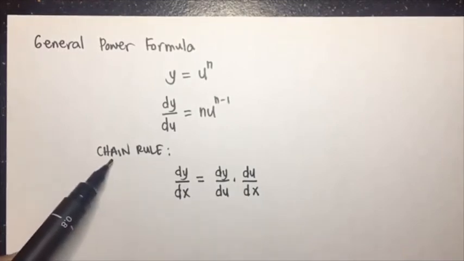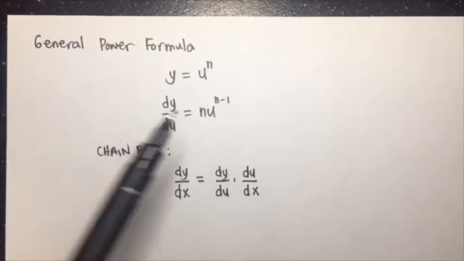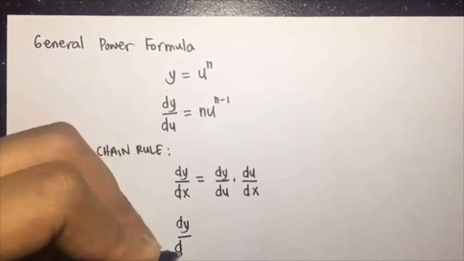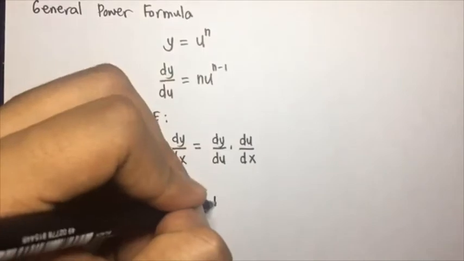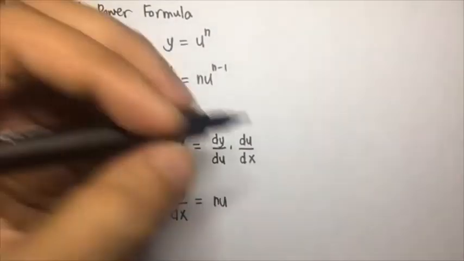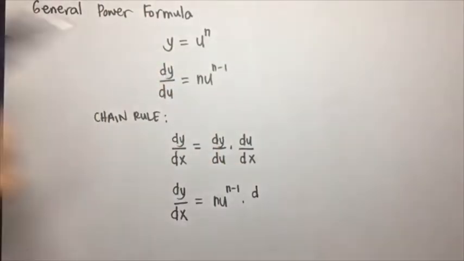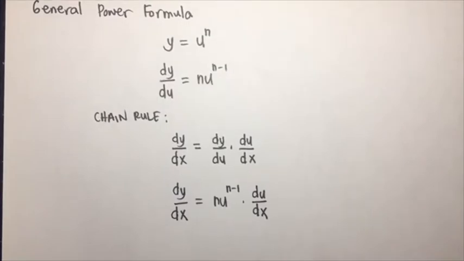So this is from the chain rule. Since dy over du is equal to this, therefore the derivative of y with respect to x is equal to n u raised to n minus 1 times du over dx.